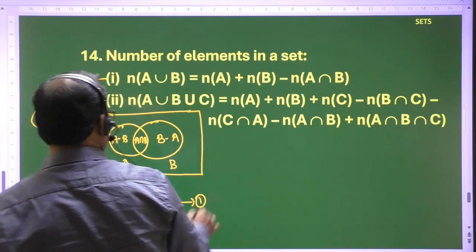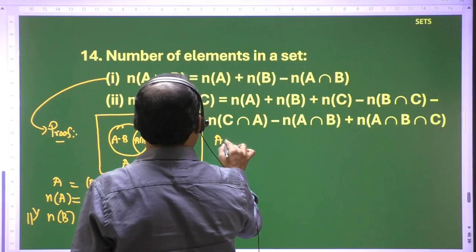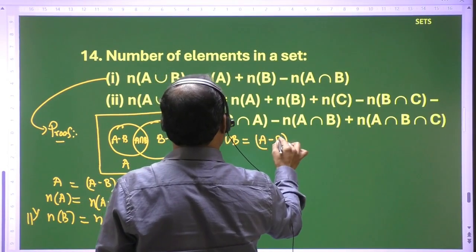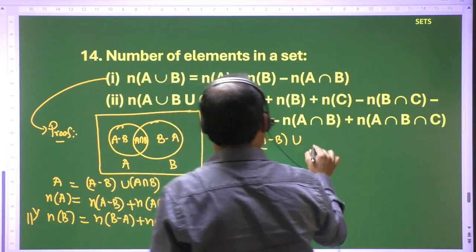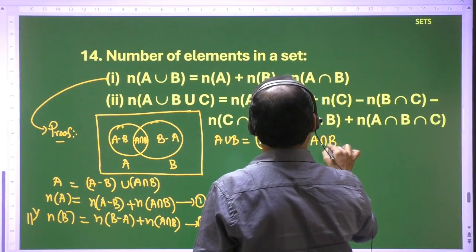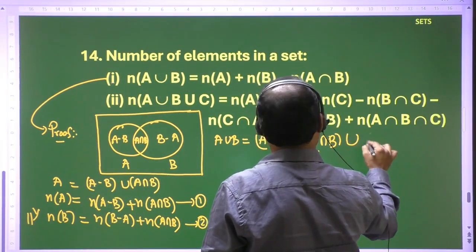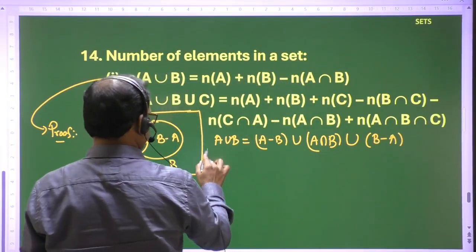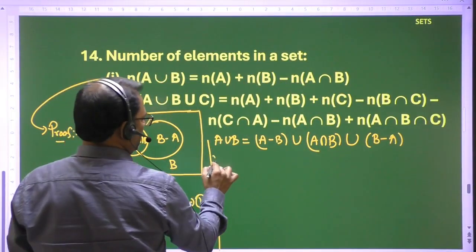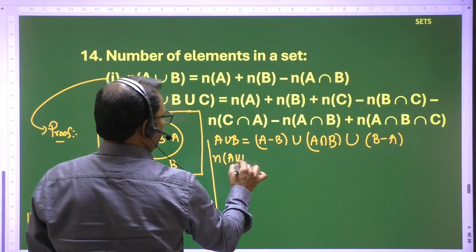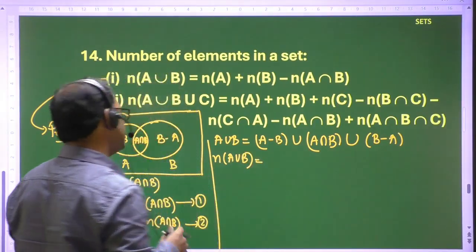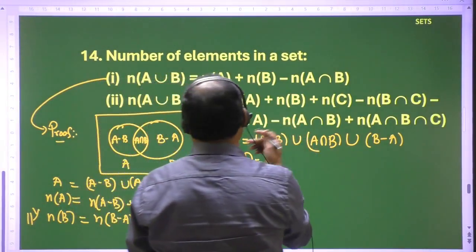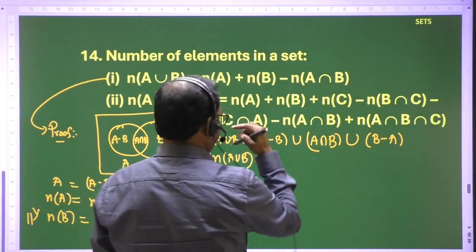Now coming to the whole union. A union B is the same as (A minus B) union (A intersection B) union (B minus A). You notice that all three sets are disjoint sets, meaning if you take any two, there are no common elements.